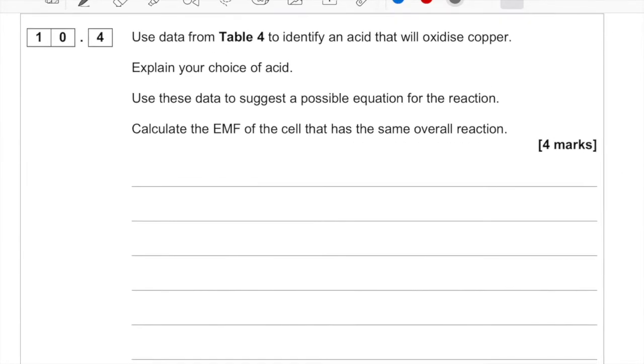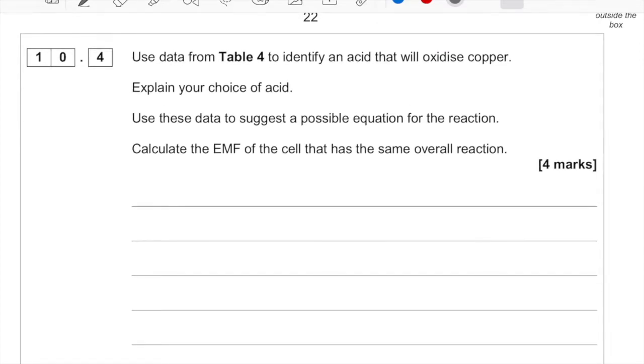So this is a good question for us to go through. It says use the data from table 4 to identify an acid that will oxidize copper. So what does that mean?